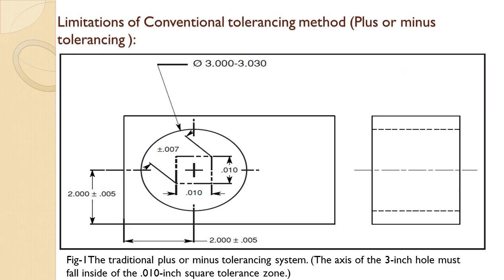Therefore, when designers tolerance features with plus or minus 0.005 tolerance, they must tolerance the mating parts to accept plus or minus 0.007 tolerance. Because consider the mating part for this hole is a pin. The pin axis should have plus or minus 0.007 position tolerance. This is one of the limitations of the conventional tolerancing method.